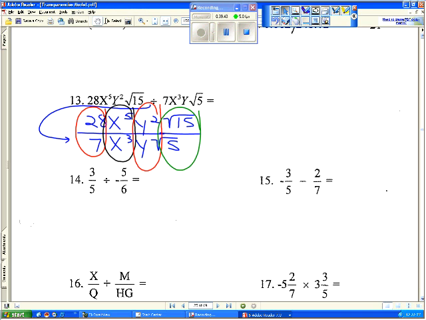You just divide. So here we go. We divide our numbers. 28 divided by 7. 4. I'll get there in a second. Did I mess up? Okay. Y to the 5th divided by y to the 3rd. When we divide with like bases, we subtract, so the difference is 2.